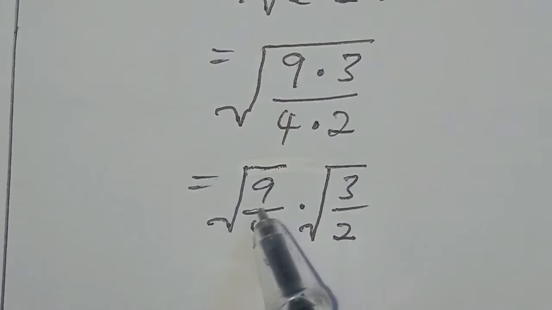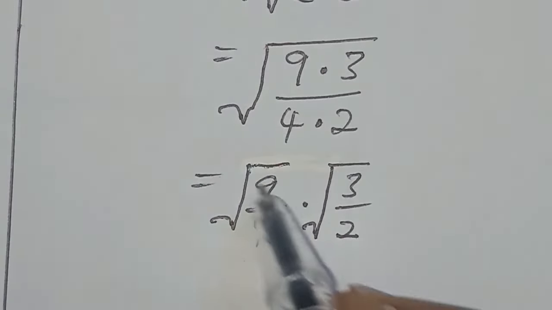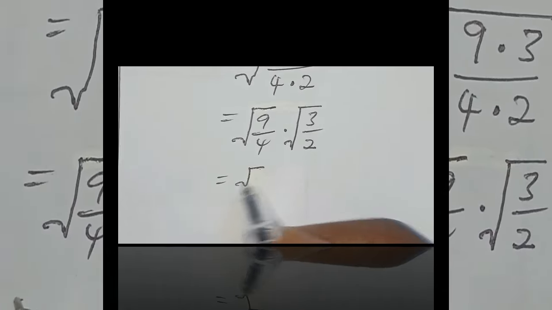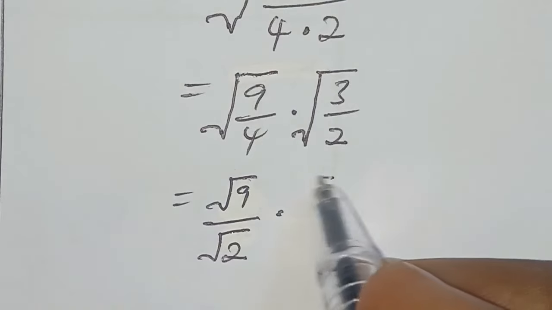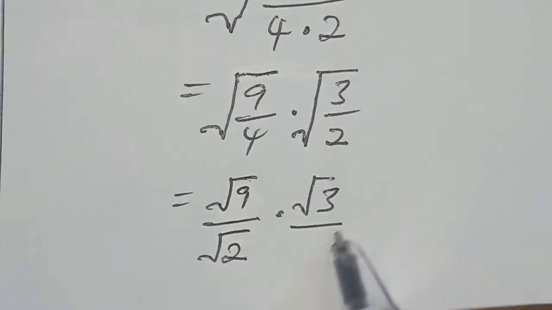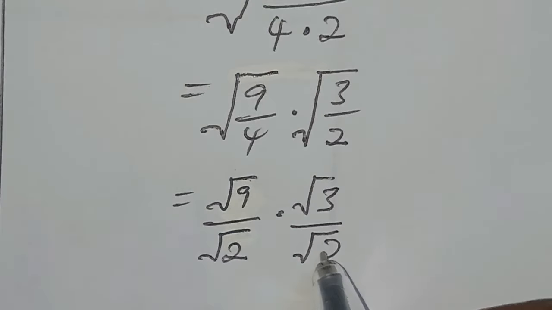If we simplify this as square root, the whole of this becomes the square root of 9 over the square root of 4 multiplied by the square root of 3 over the square root of 2.